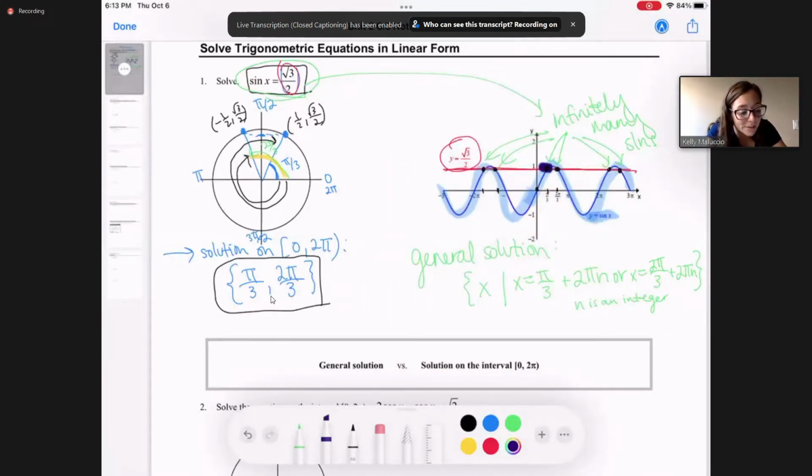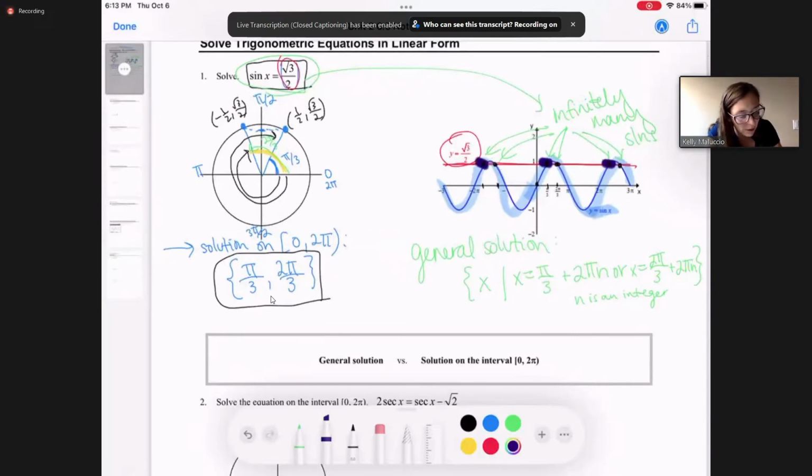If I add 2 pi, I get this. If I subtract 2 pi, so n is -1, I get this one. No, I was right the first time. If I add or subtract 2 pi, I keep getting the other solutions.